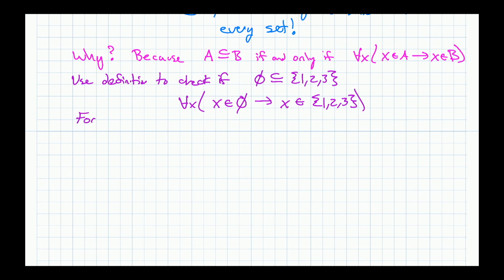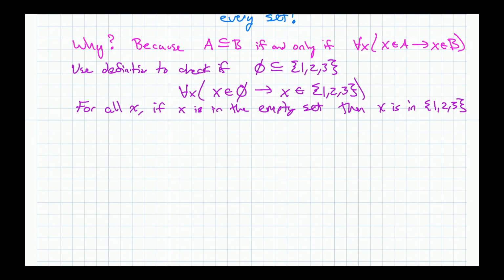In words, it says this. For all x, if x is in the empty set, then x is in {1, 2, 3}. And if you wanted to prove that wrong, you would need a counterexample.